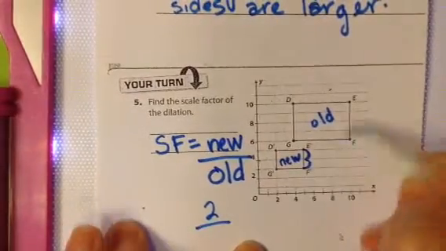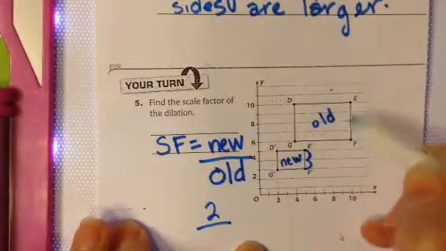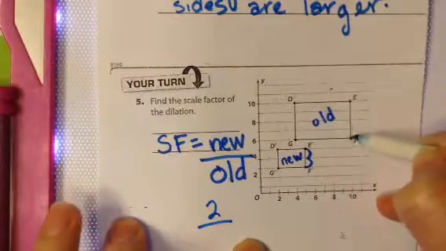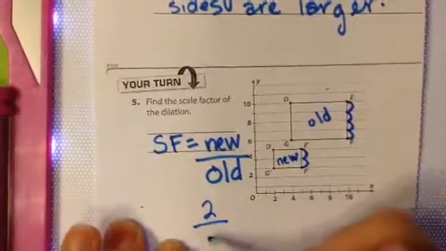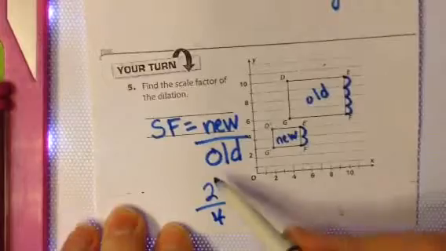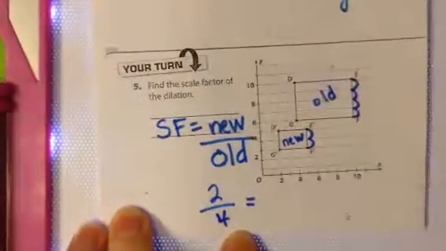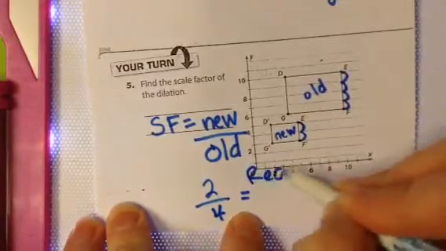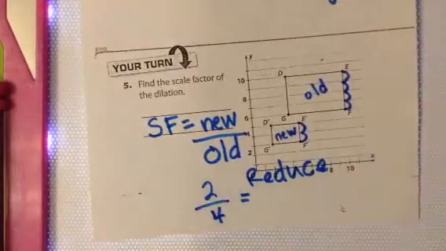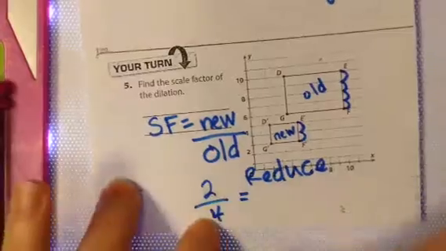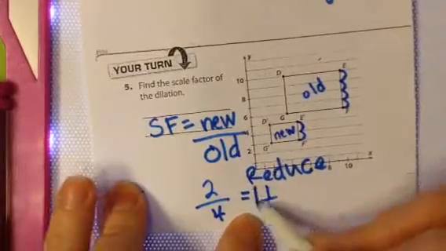On the old one, the corresponding side length, EF, is 1, 2, 3, 4. 2 over 4 reduces, because you always have to reduce if you want to get these right. They both divide by 2, so that's going to reduce to 1/2.